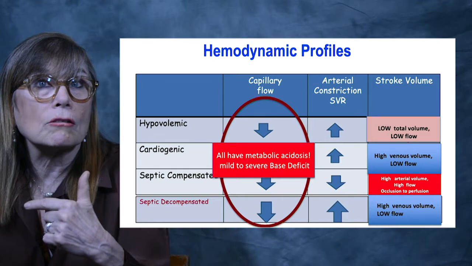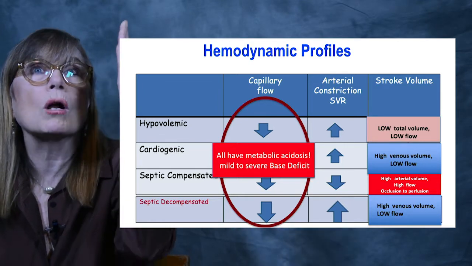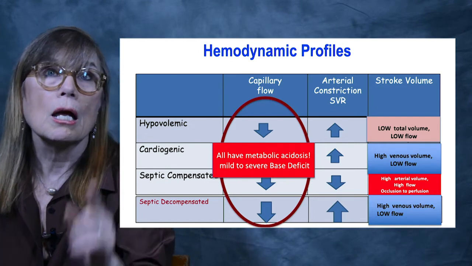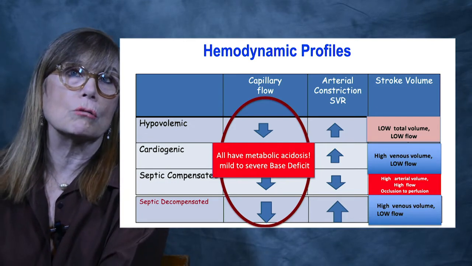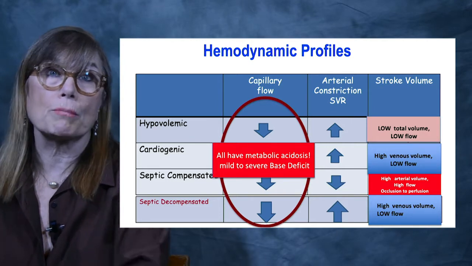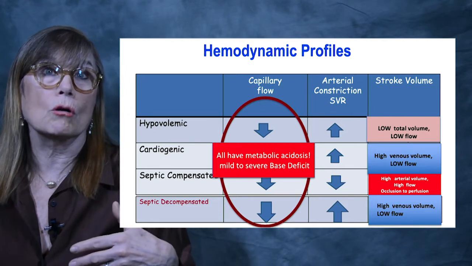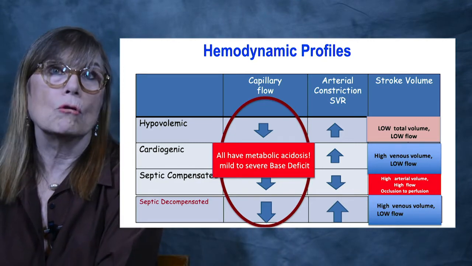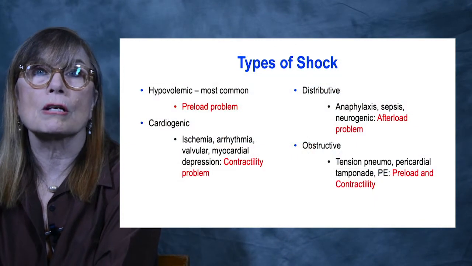As a bedside nurse, from my point of view, this is one of the most important aspects of understanding shock. If you have metabolic acidosis, you need to do whatever you can to make that better so that patients can respond to their own circulating norepinephrine and epinephrine and the exogenous norepinephrine and epinephrine that you're administering.